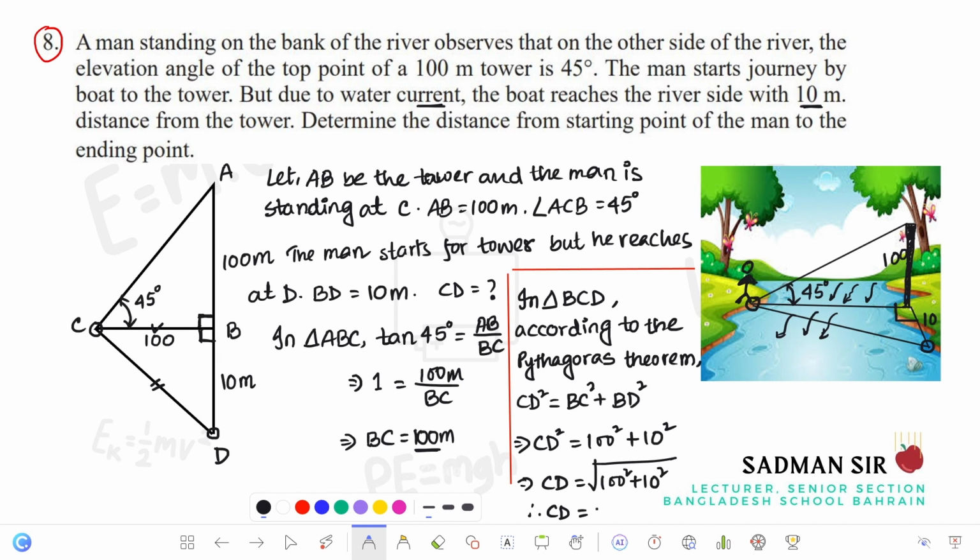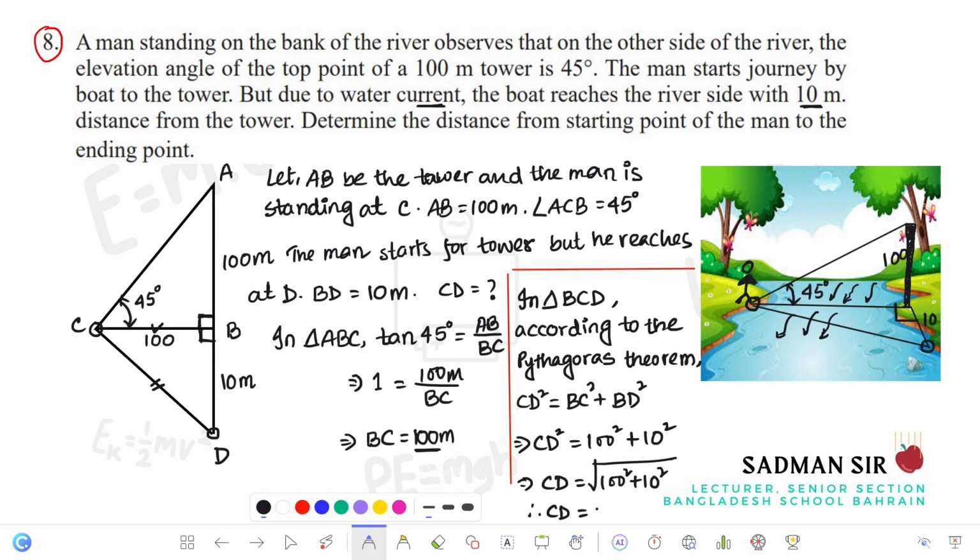In the meantime, you can also find out the value. So root over 100 square plus 10 square, we have 100.498. So 100.5, I think we can write 100.5.